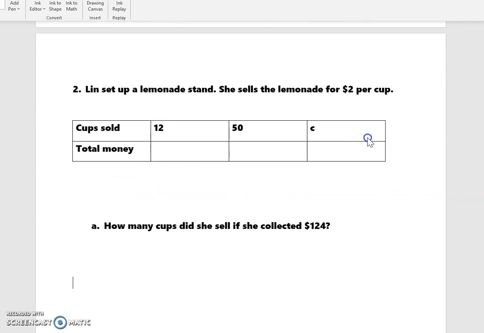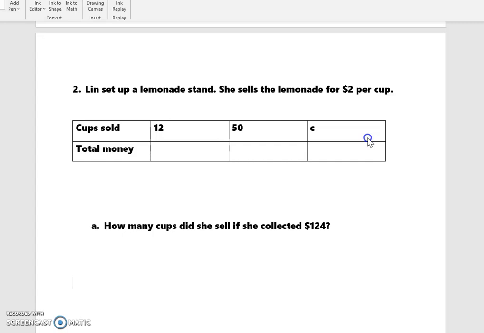In our next problem, we are told Lynn has a lemonade stand, and they're selling each cup for $2. We want to figure out how much money Lynn is making depending on how many cups are sold. If we sell 1 cup, for example, we make $2. If we sell 2 cups, we would make 4.